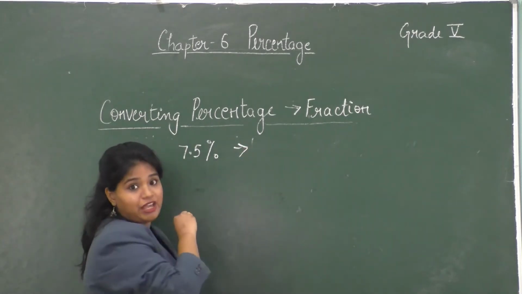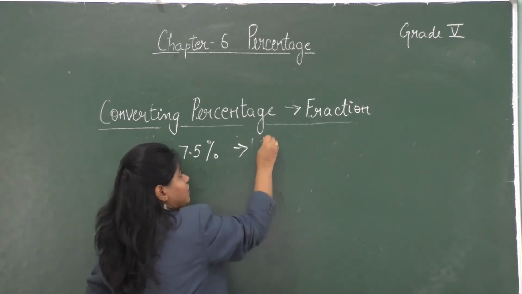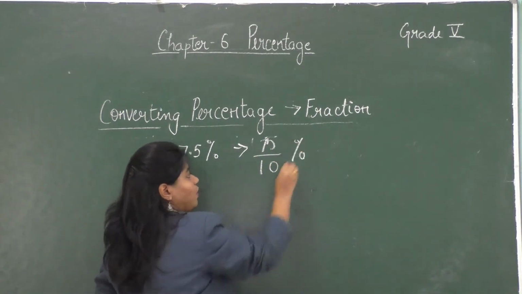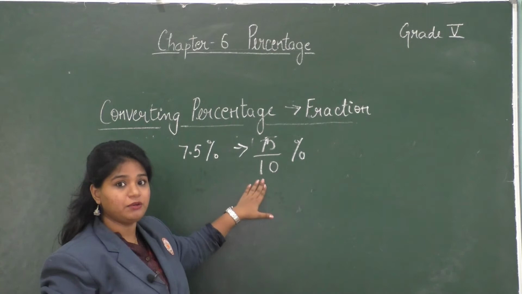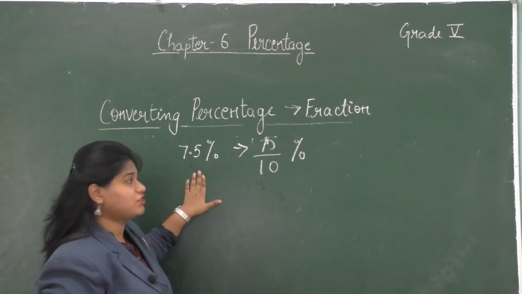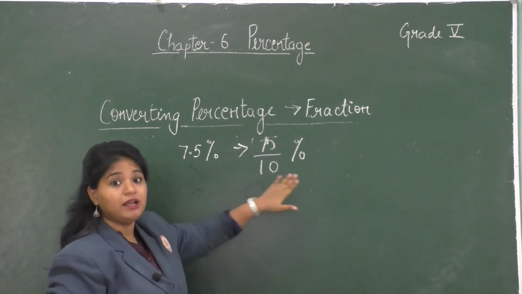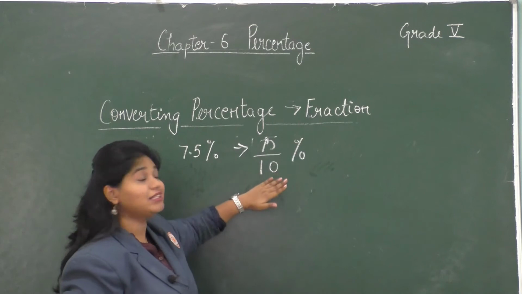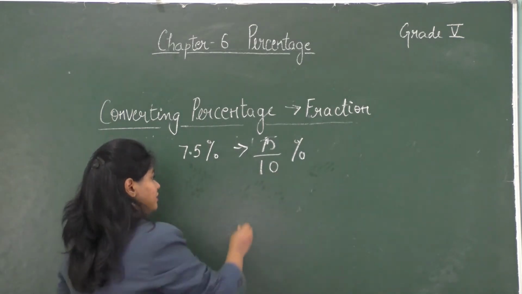So 7.5 can be written as 75 by 10 percentage. Why have I written 10 in the denominator? Because there is the decimal point only after one digit. So that's why 75 upon 10 percentage. Now I have to omit the percentage sign and divide this fraction by 100.